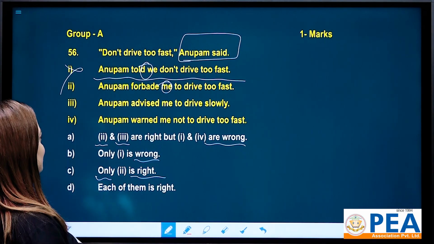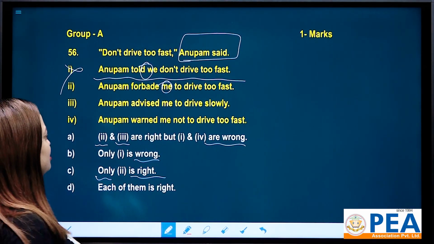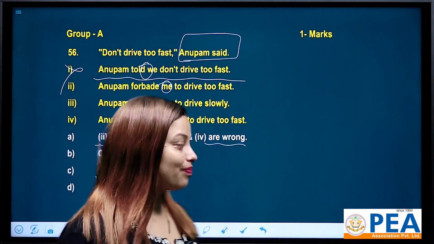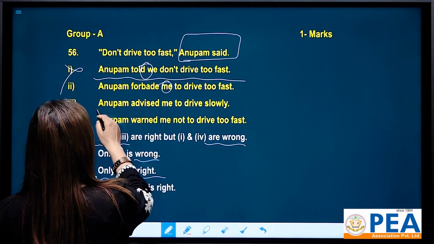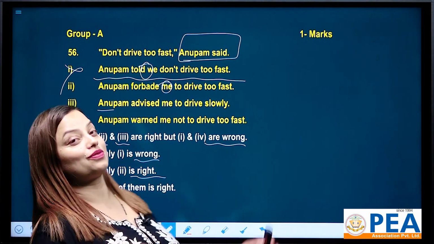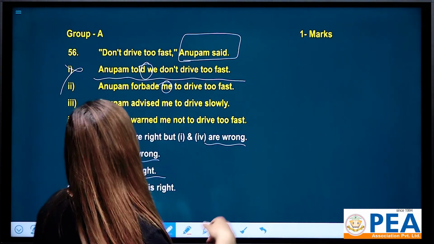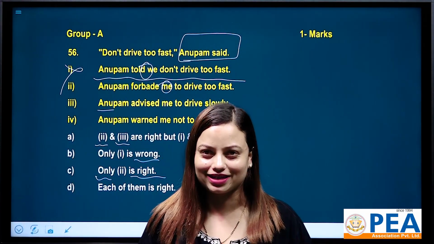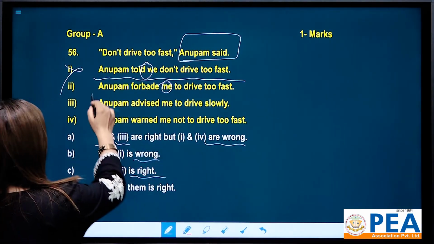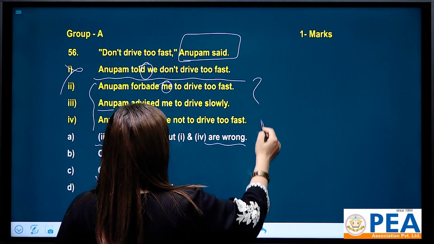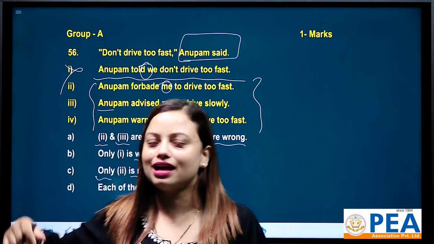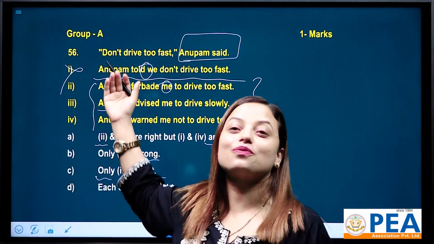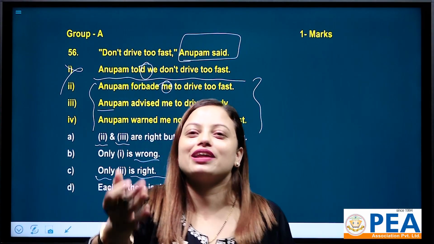What about option number B? Anupam forbade me to drive too fast. Yeah, forbade. This is true. And the third one is Anupam advised me to drive slowly. This one is also correct. And the last one, Anupam warned me not to drive too fast. This one is also correct. These 3 sentences have the same meaning as our question wants to reflect.